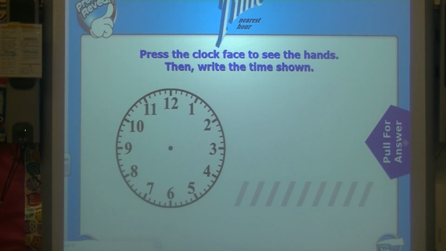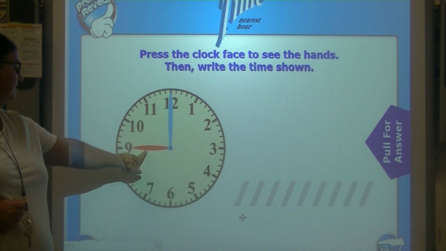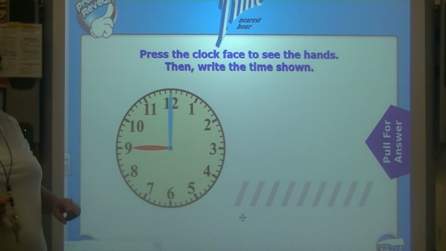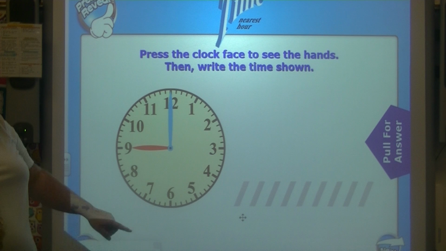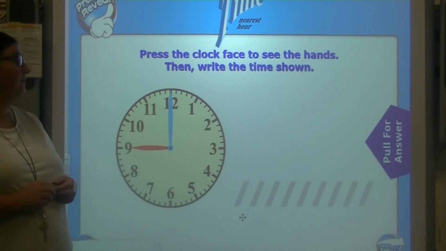Now let's try the next one. Get ready to tell the time. All right, what time is it? All right, where is our hour hand? It's the short hand. It is on the 9, so it is 9 o'clock.